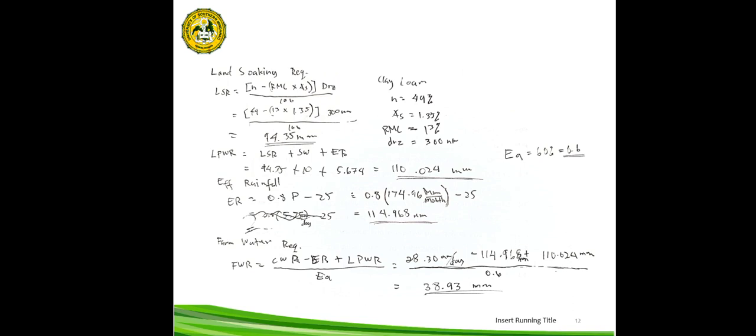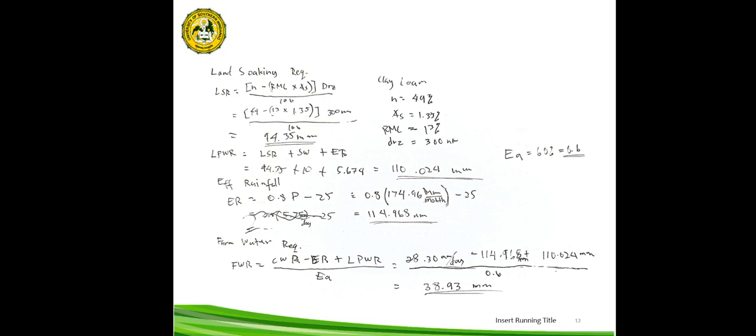So 0.8 times 174.96 minus 25 is equal to 114.968 mm, and our EA is equal to 60% or 0.6 because of clay loam.